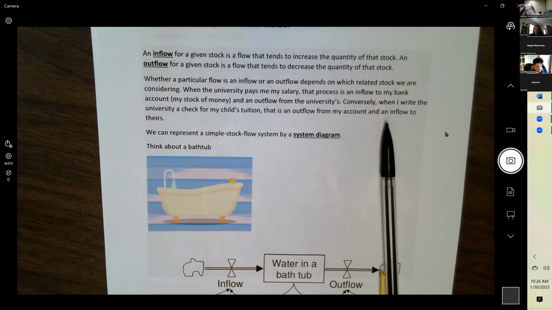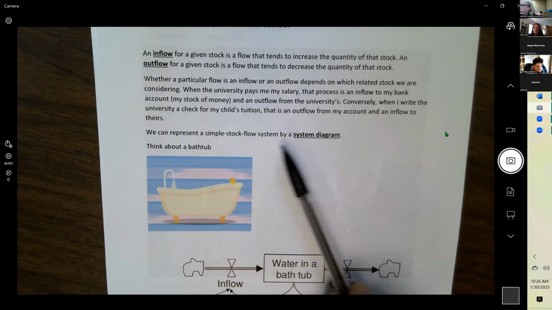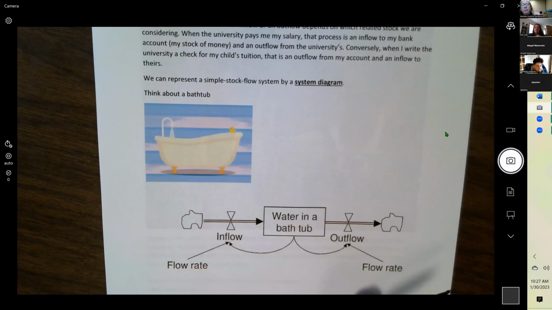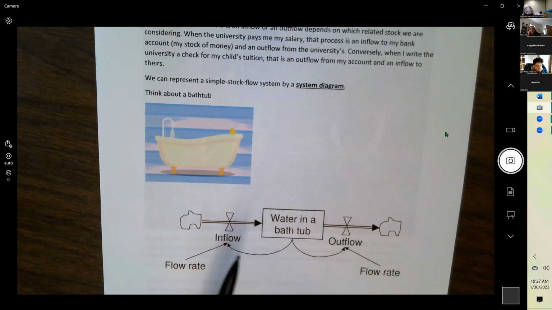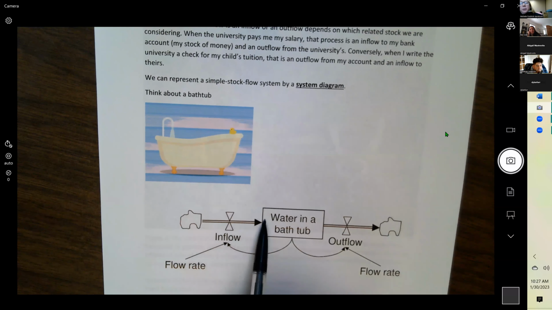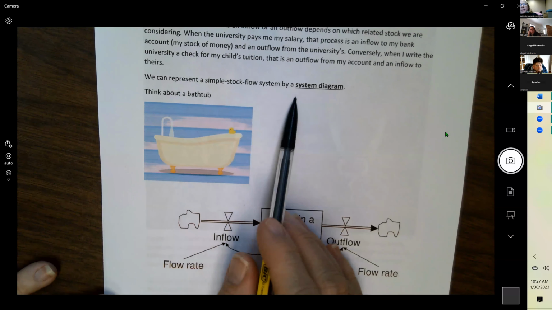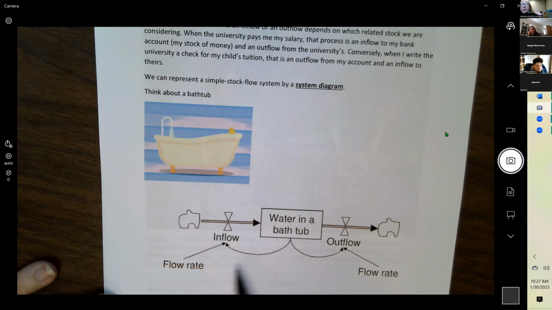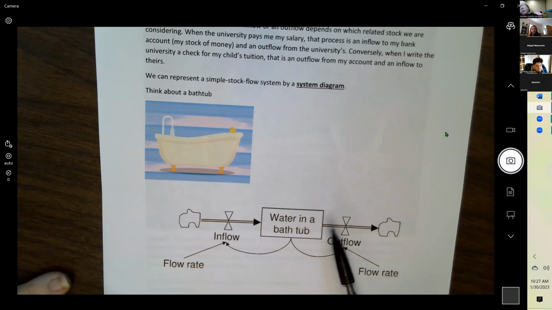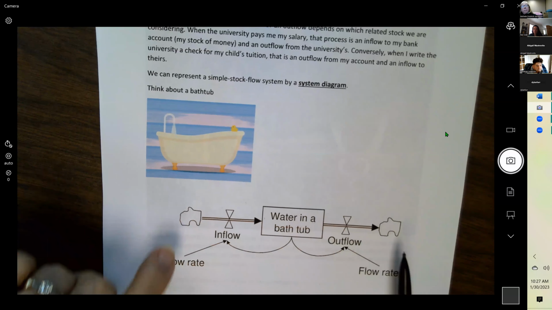Now, diagrams can be used on these. A bathtub is an easy one to think about. The book had another picture. It was nice, but I couldn't copy it, so I found my own. We can represent it in a diagram, and for your project, if you want to create a diagram, you can, with the inflow and the outflow, and say what's going in and out and how it's happening.